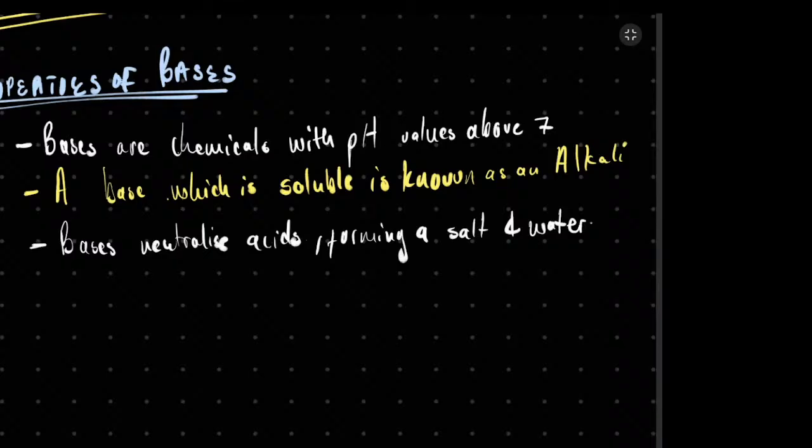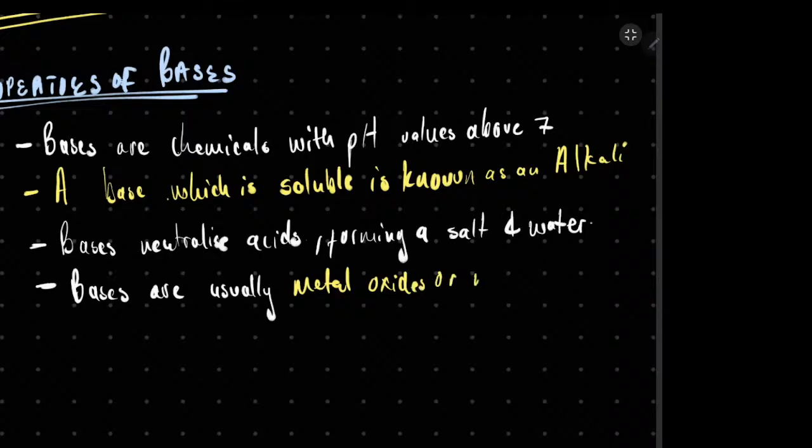So when you add a base to an acid, you expect its pH value to change. And we said last time, or did I give you this already? Bases are usually metal oxides or metal hydroxides.